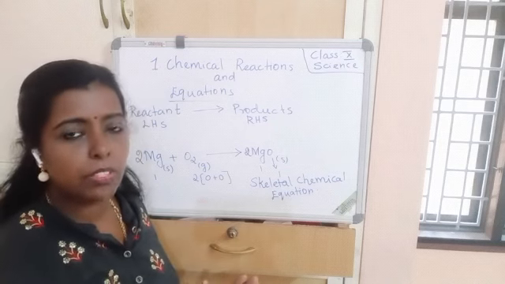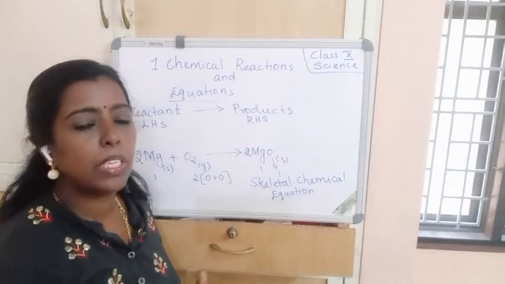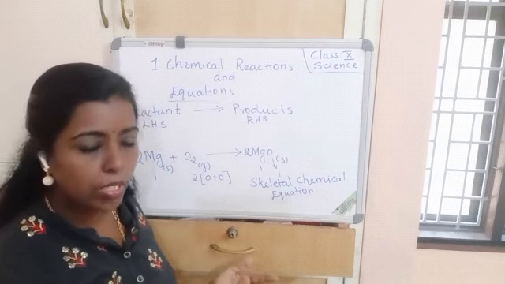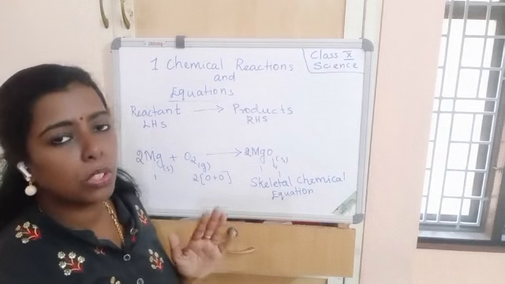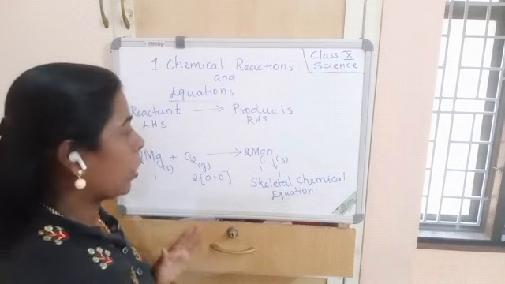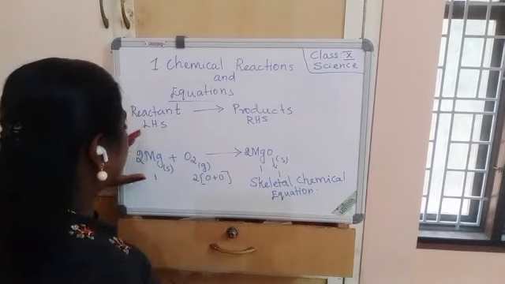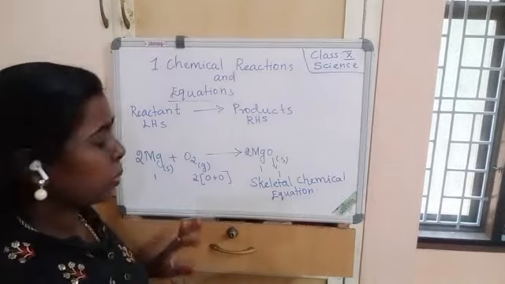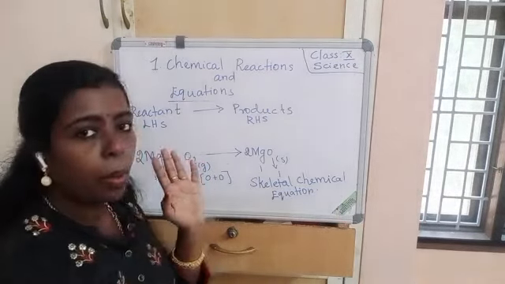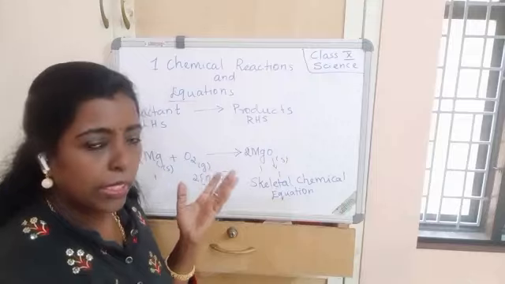What is the law of conservation of mass? Mass can neither be created nor destroyed, so the total mass of the reactants is equal to the total mass of the products. Here 2 magnesium atoms react with the oxygen molecule to form 2 magnesium oxide.